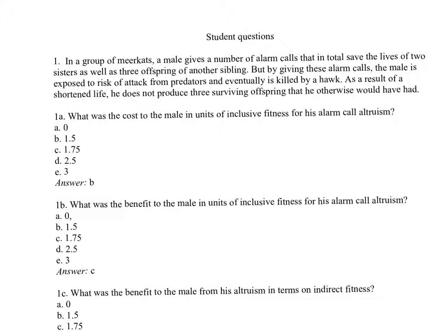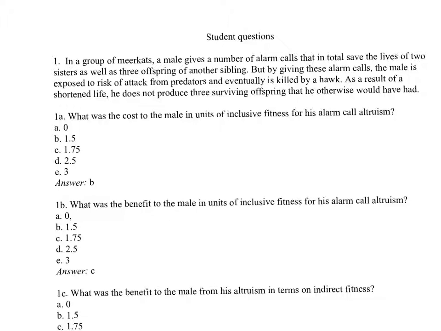It's 3 times 0.5, that's 1.5. I'm just saying in terms of the cost to him. Only the cost to him, the offspring he's not producing because he's dead. So it would be 1.5. Right.